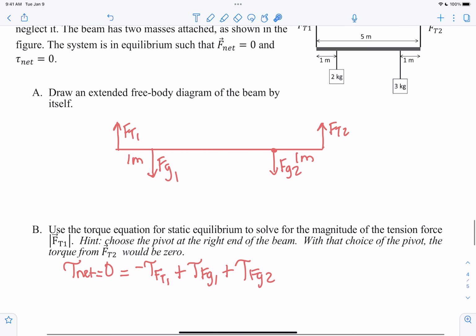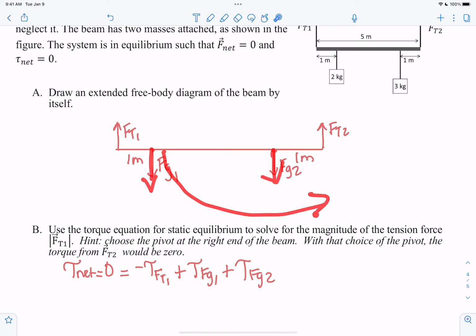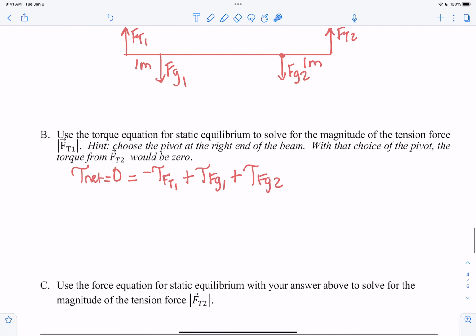It's like if I were to cut the rope, for example, then these forces would help pull that beam in a counterclockwise direction. So that makes them positive.